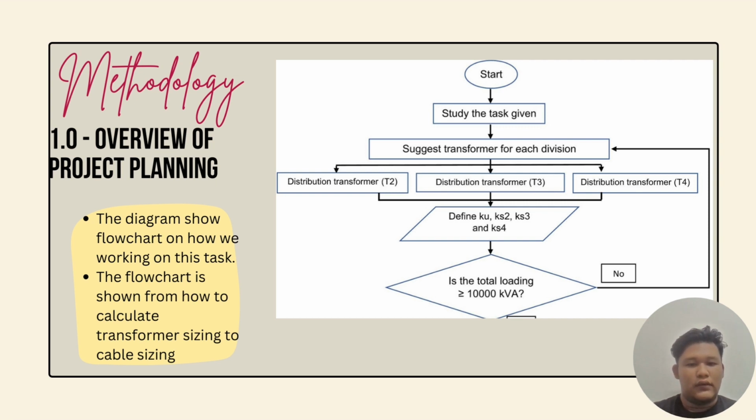After that, we check if the total loading is over 10,000 kVA. If no, we should check again from suggesting the transformer for each division.